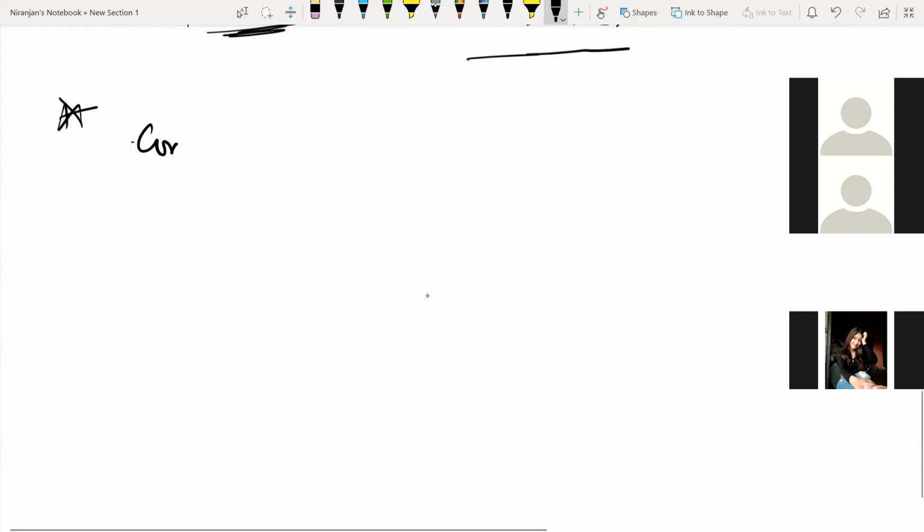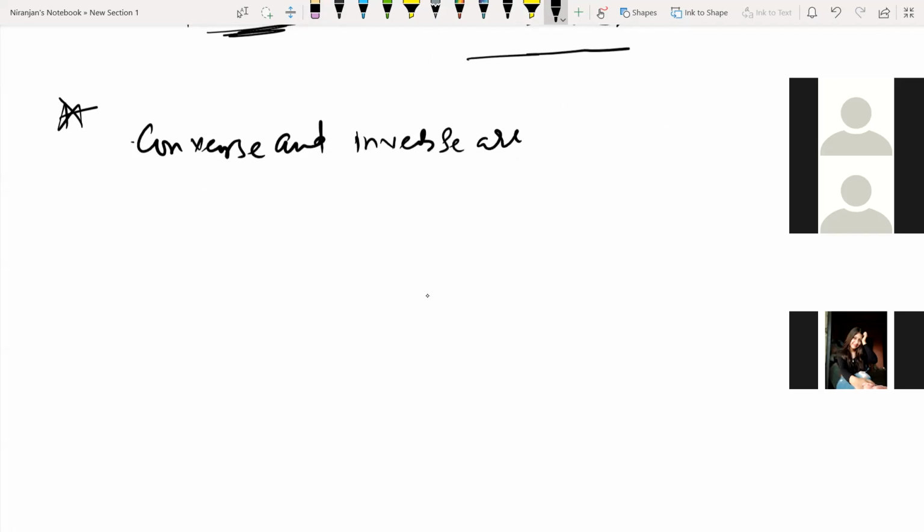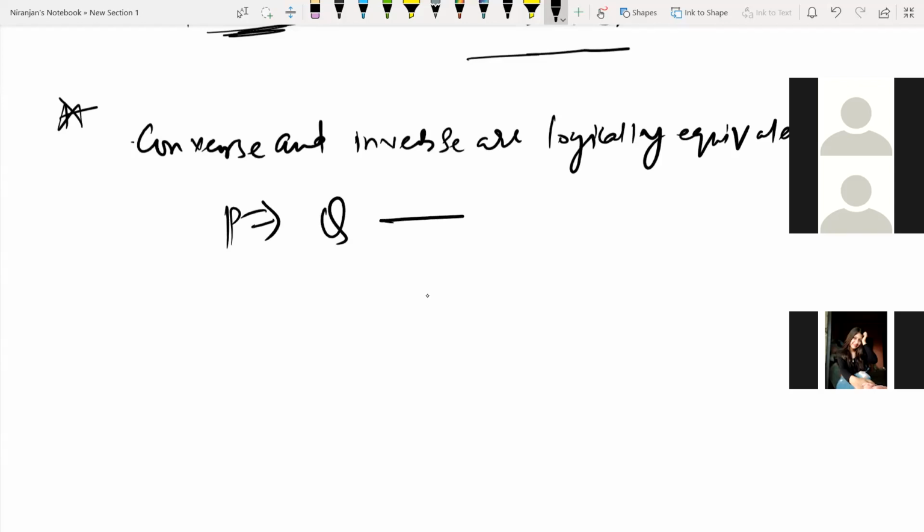And what else? Converse and inverse. Converse and inverse are logically equivalent. So when you say P implies Q, what do you think the converse would be?